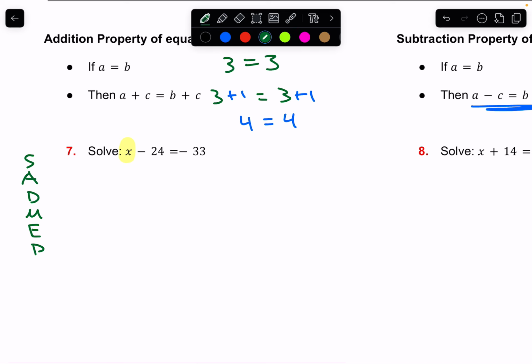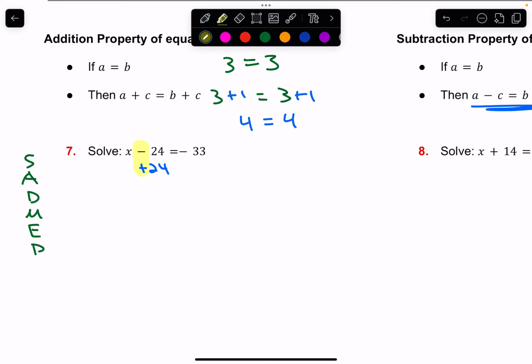So what we're trying to do is send this 24, this negative 24, to the other side. We just want to get rid of it, move it out of there. The way you do that is whatever operation you see, you're going to do the inverse of that. So since it says minus 24, I'm going to do plus 24, because plus is the opposite of negative.